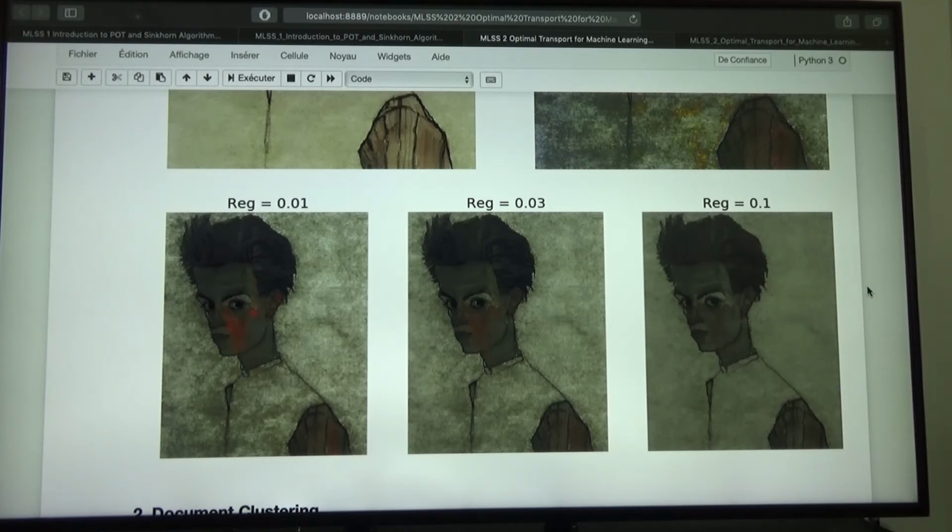So there is a trade-off between how faithful you want to be to your target image and the regularity. Of course, you can add other penalizations, not only entropic regularization, and you would get other results. So there are different algorithms.